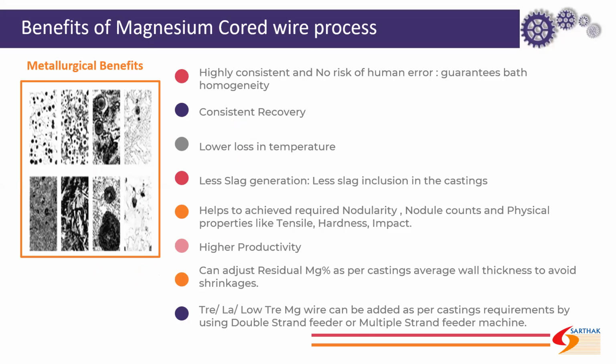Higher productivity, can adjust residual Mg as per casting average wall thickness to avoid shrinkages and other issues. Also TRE, lanthanum, low RE type of cored wire can be added as per your casting requirement by using a double strand feeder and multiple strand feeder.